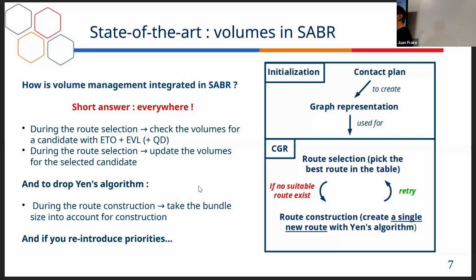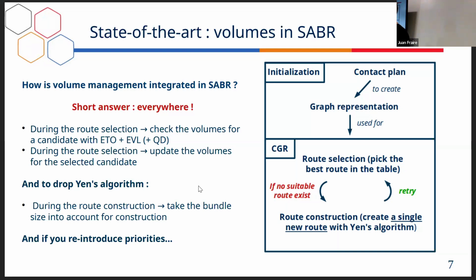Then maybe in the graph representation, of course, which is the direct mapping to the contact plan. In the route selection, you also want to consider the volumes if you want to drop Yen's algorithm, which is probably something we would like to do. We published a paper last year about all of the gaps we have with Yen and also the operational risk.